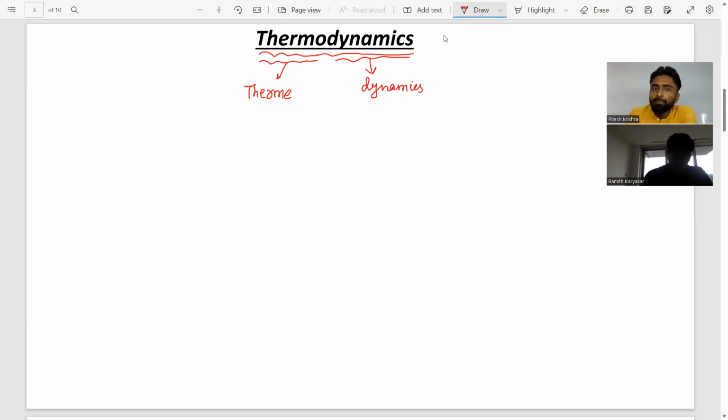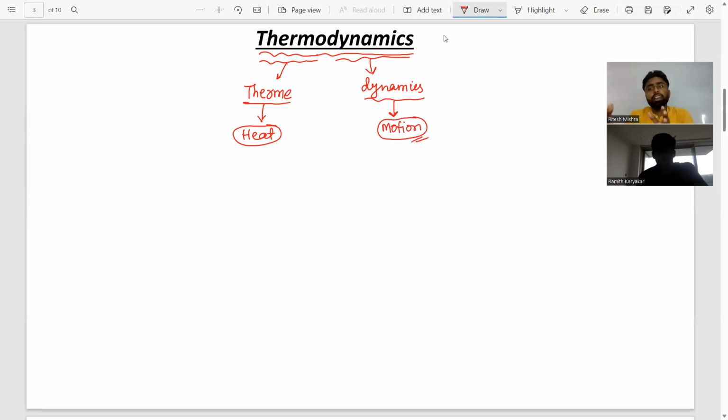This therm is called heat. And dynamics is basically motion. Anything which is in motion will be studied in the dynamics part, as you have studied in engineering mechanics: statics part, kinematics part, dynamics part.